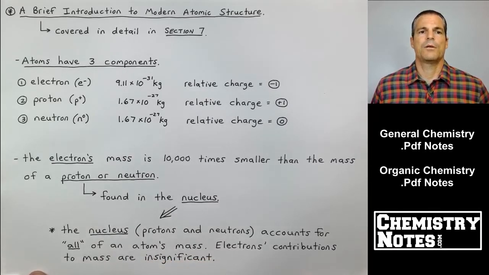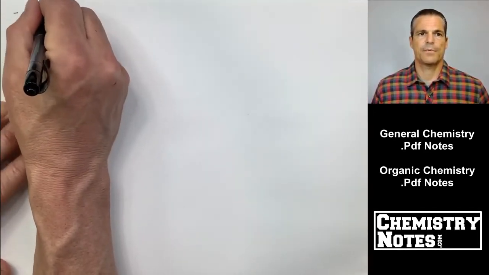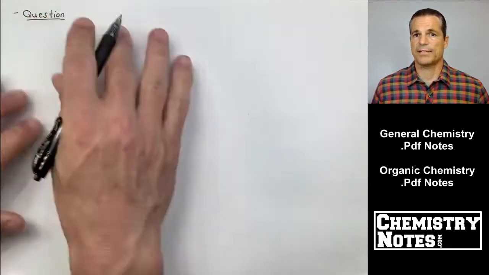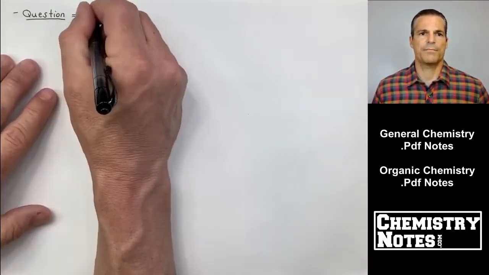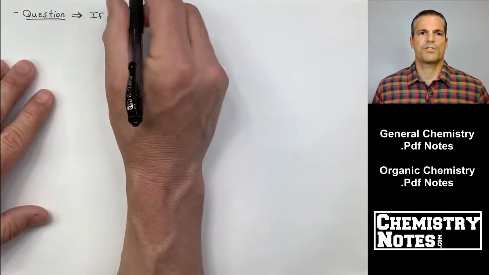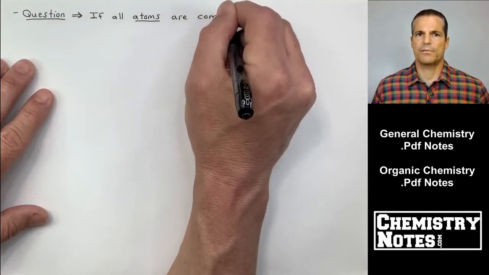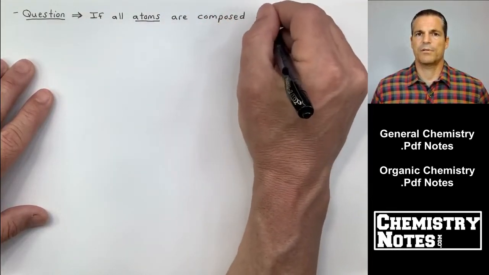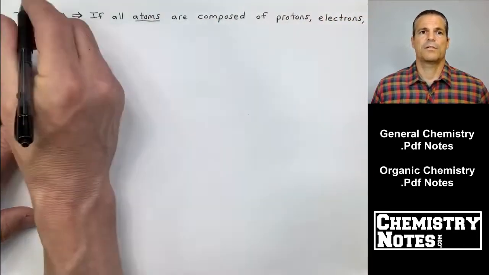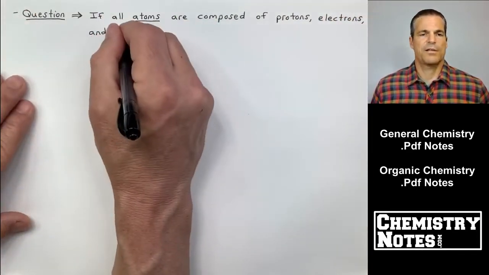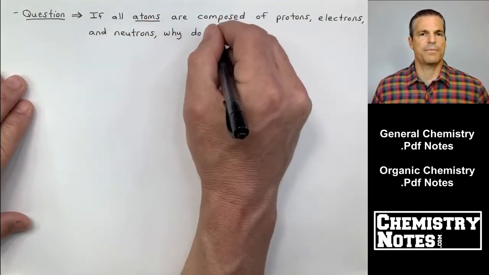Okay, so moving on to page 2 of today's notes. We're going to start this page by asking a question. So let me set up the question here. The question reads, if all atoms are composed of protons, electrons, and neutrons, how come different atoms have different properties?